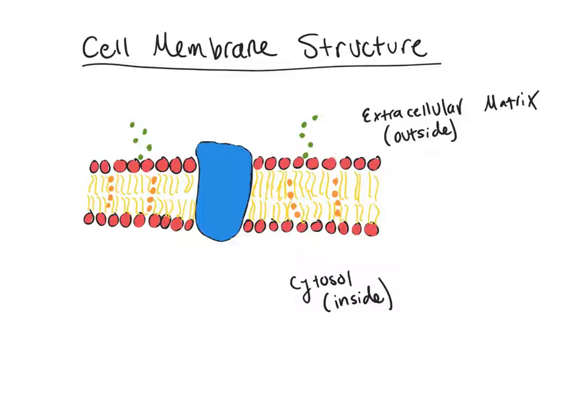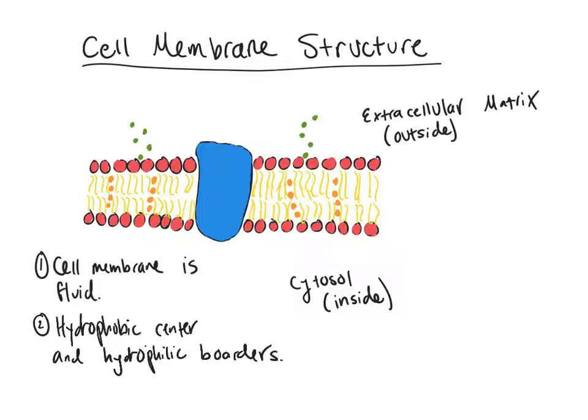There are a couple of really important things to note about the cell membrane. The first is that it is not rigid, it is very fluid. It moves around, and that's good because it prevents your cells from just snapping apart all the time. The second part determines how things get transported back and forth, and that is the inside of the bilayer, where the fatty acid tails of the phospholipids are located, is hydrophobic, and the outside here and here is hydrophilic.